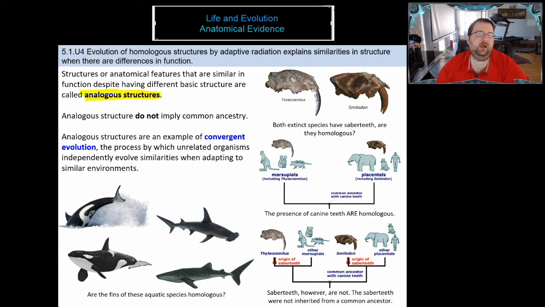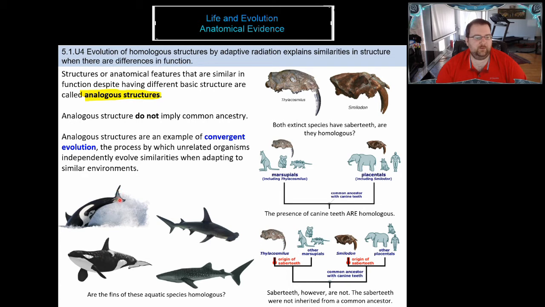So this is a cautionary tale where sometimes you might have features or structures that look the same, but they did not come from a common ancestor. The reason why they look the same is because that species is adapting to similar environments. Like if you look here, look at these are killer whales, right?